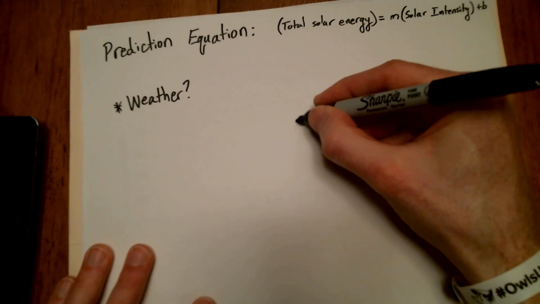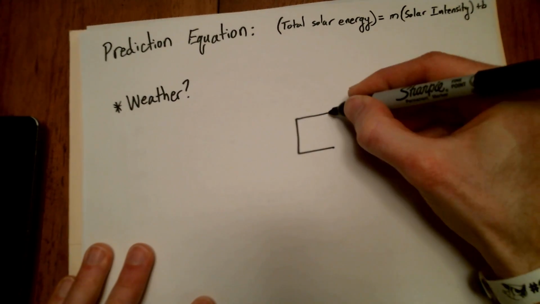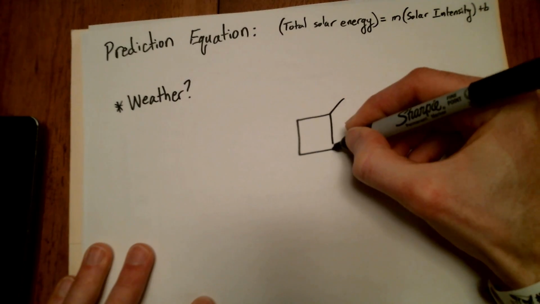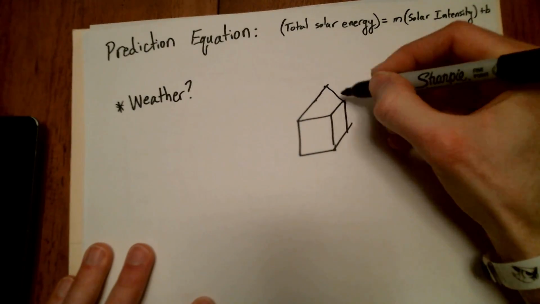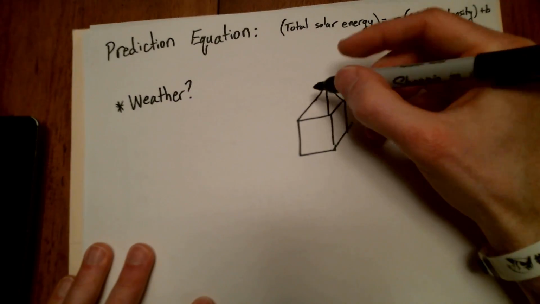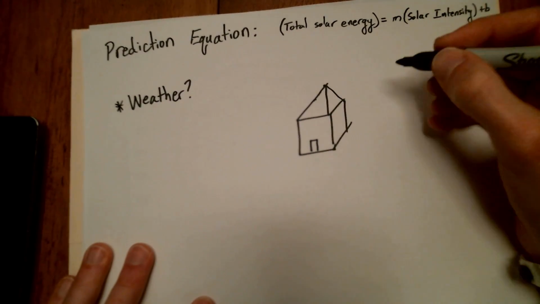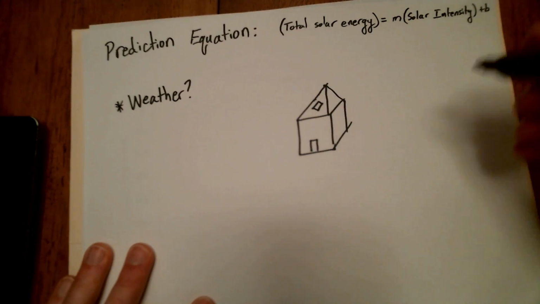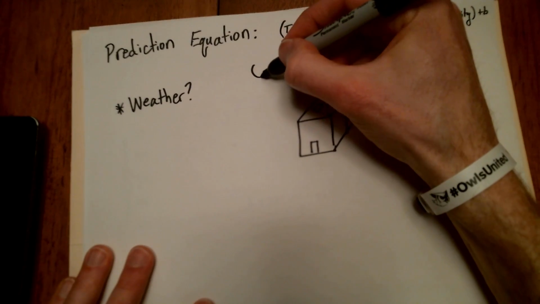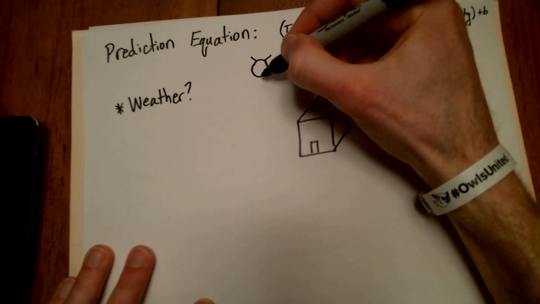We've got our solar panels that are hanging out on the roof of a house. I'll draw out my little roof like this. That's obviously a house. It's got a door and everything. It's got some solar panels on it, and we've got some amount of sunlight coming at us from the sun.